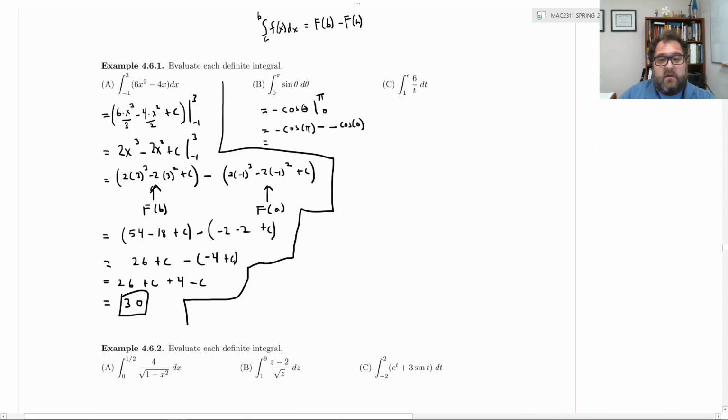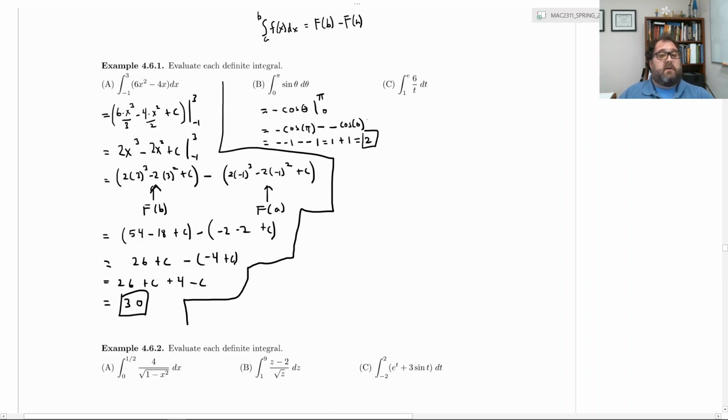So we have what? Negative, what's cosine of pi? Well, that's negative 1. We have another double negative. Minus what's cosine of 0? It's 1. So we have double negative 1, double negative 1. That's 1 plus 1 equals 2.